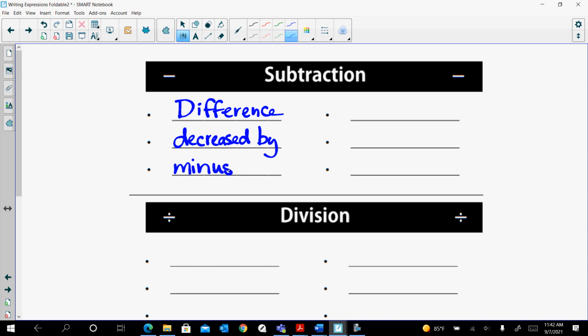If I read the wording reduced by, that's also indicating subtraction. And then if I see the verbiage less than or subtracted from.